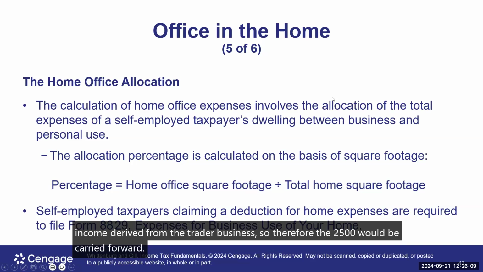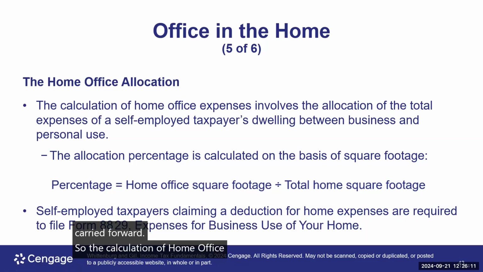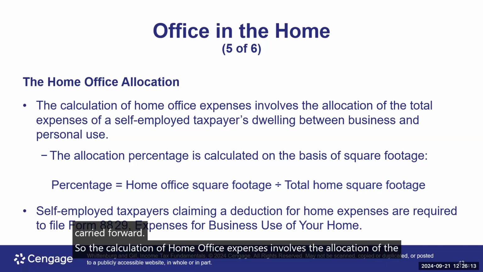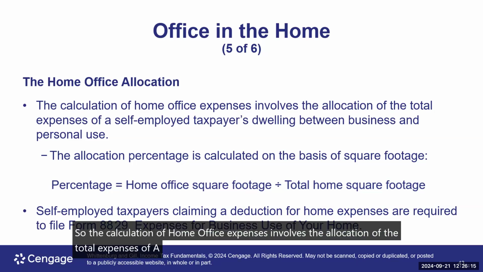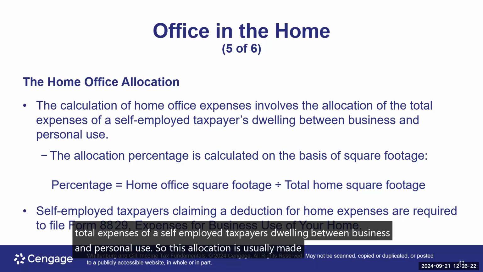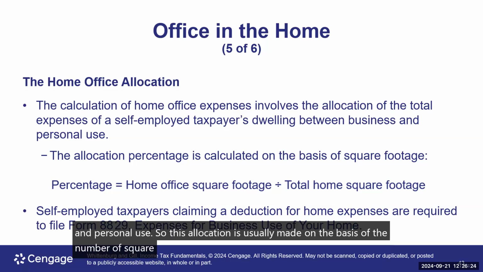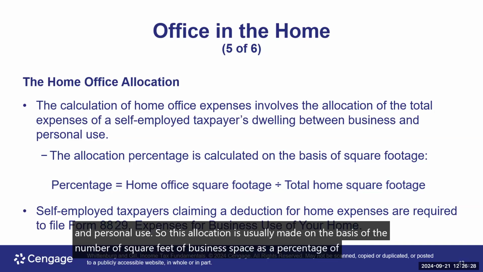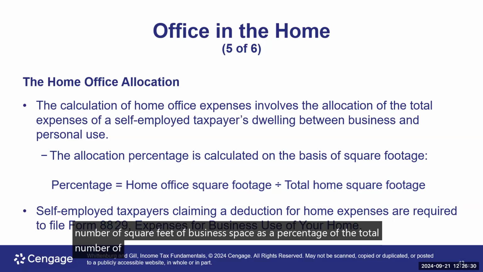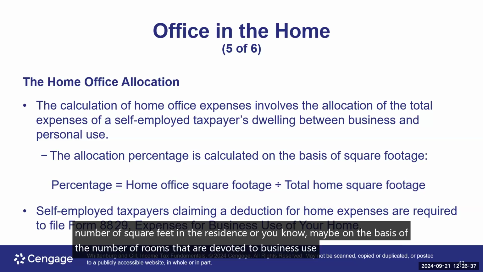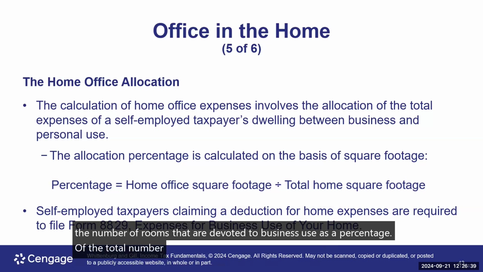So the calculation of home office expenses involves the allocation of the total expenses of a self-employed taxpayer's dwelling between business and personal use. This allocation is usually made on the basis of the number of square feet of business space as a percentage of the total number of square feet in the residence, or maybe on the basis of the number of rooms that are devoted to business use as a percentage of the total number of rooms in the dwelling.